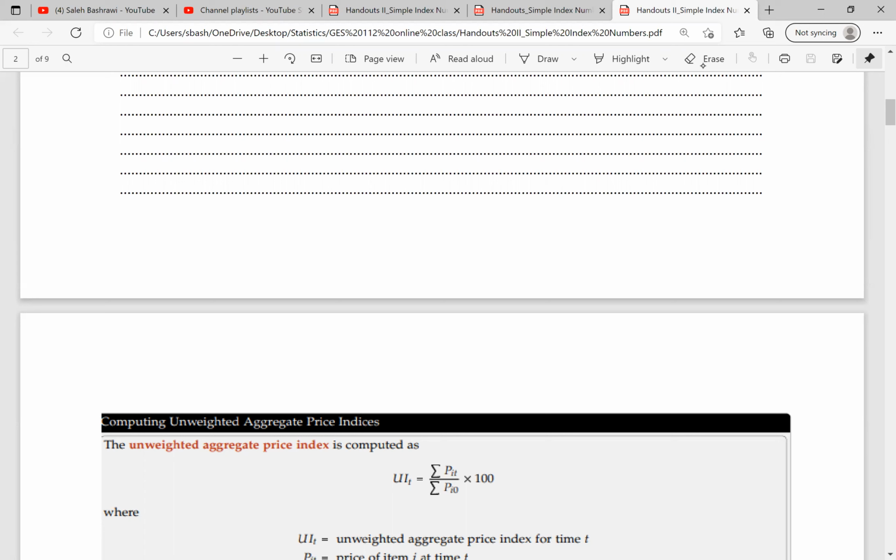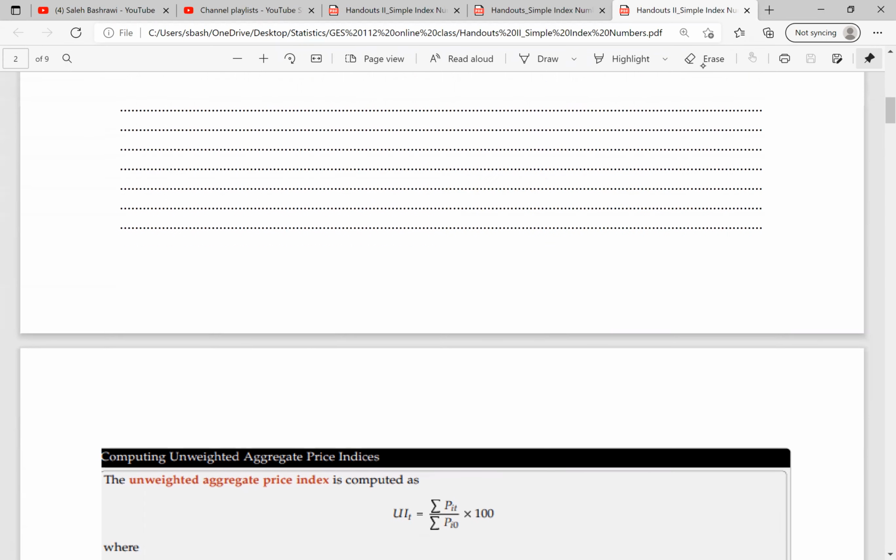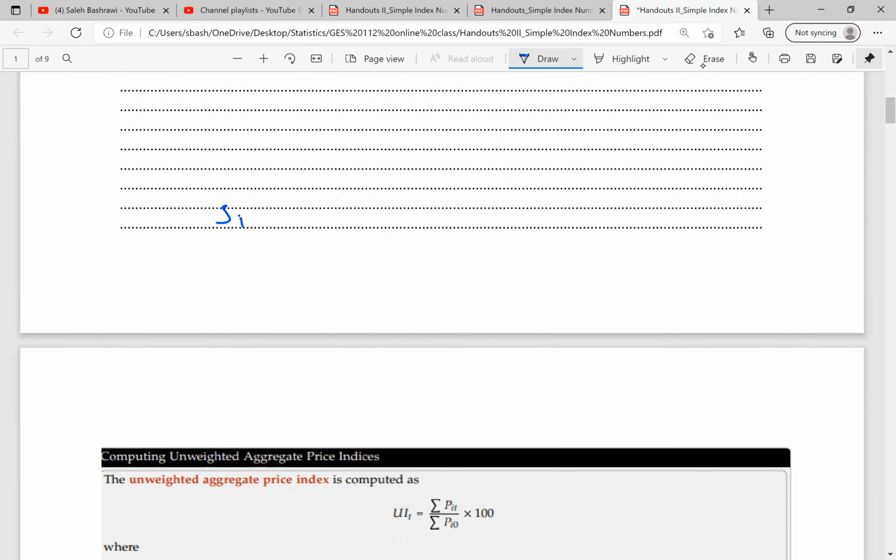For today, we are going to speak about the unweighted aggregate price index number. For the simple index number, we said that for the first type, simple, I_t is equal to P_t divided by P_0 multiplied by 100.